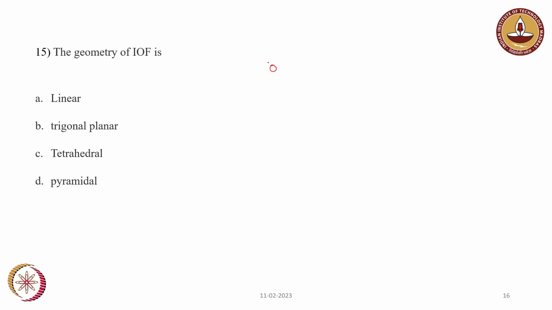So oxygen has 6 valence electrons and forms 2 bonds, one with iodine and another with fluorine. And here the steric number will be 4, that is 2 lone pairs and 2 bond pairs. So here the geometry will be tetrahedral.